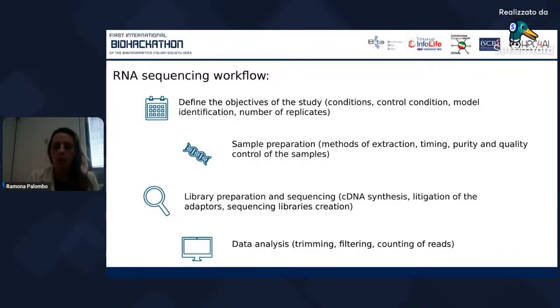For example, if I want to compare the genes that are expressed in a tumor mass with respect to the normal control, the normal tissue, it is represented by what? So I have to set up all this information or these conditions before starting the experiment.